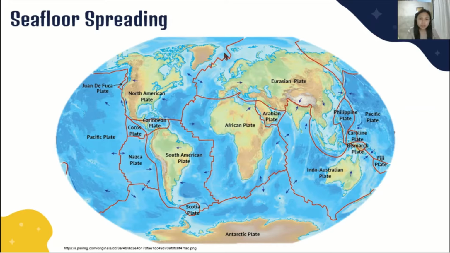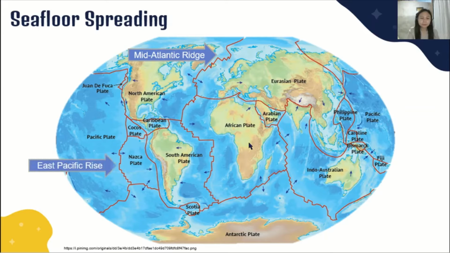From here down to here, this is called the Mid-Atlantic Ridge, which separates the Eurasian Plate and North American Plate, as well as the South American Plate and African Plate.